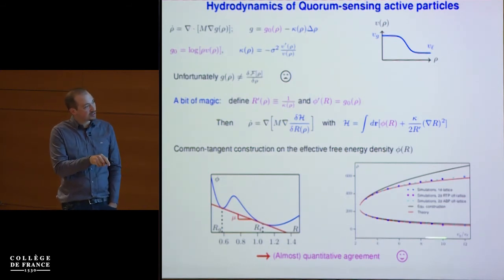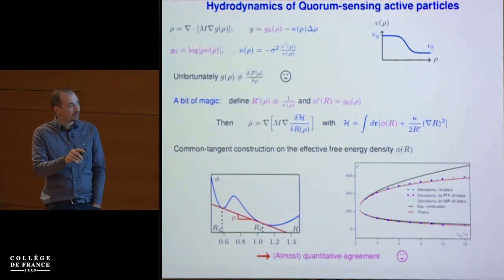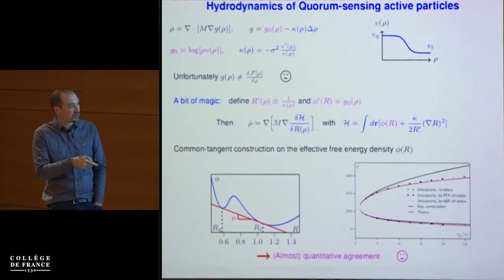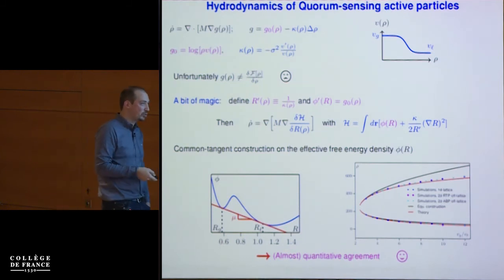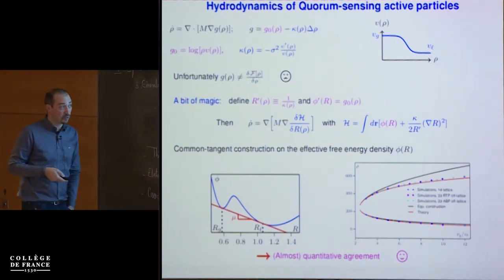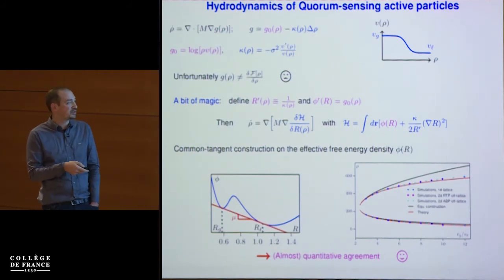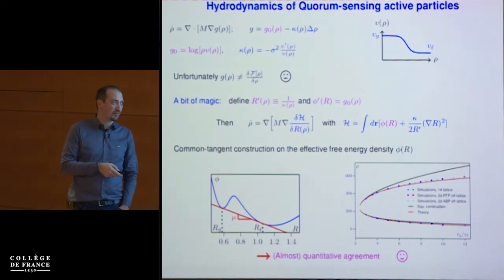So this is the density, that's the ratio. The red line is the theoretical prediction without any fitting parameter, and the dots are the results of simulation. So you see that you have an almost quantitative agreement. We were very happy when we got that. Actually, I'm not aware, even in equilibrium, of many systems in which you can predict the phase diagram without any fitting parameters.